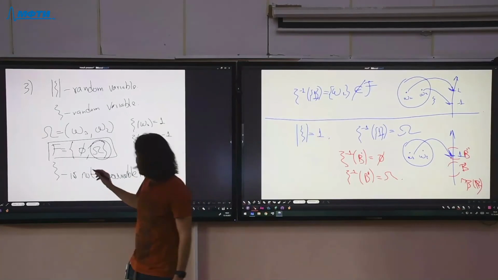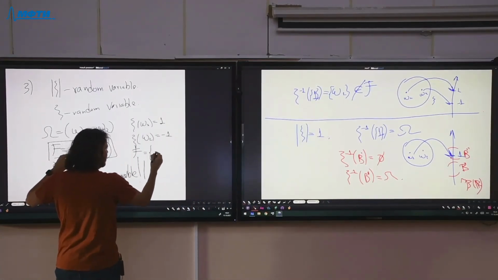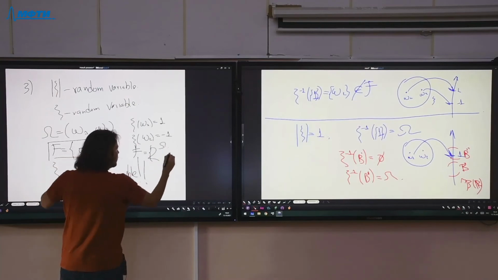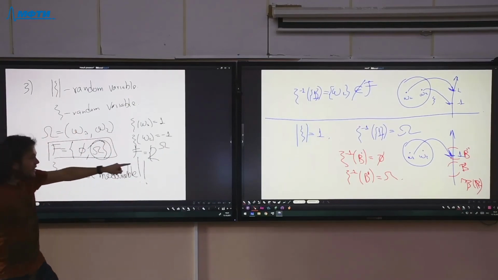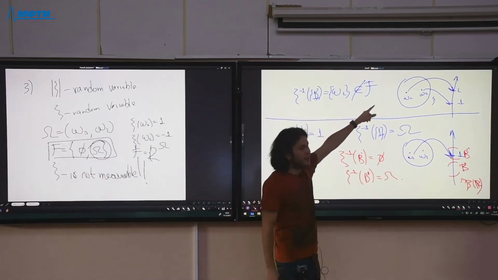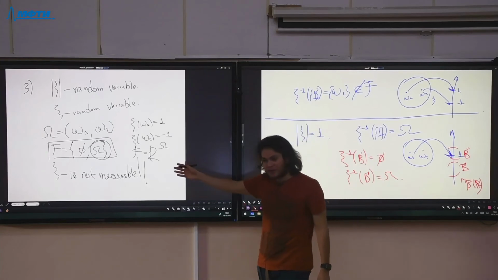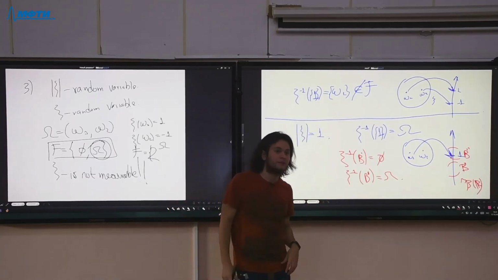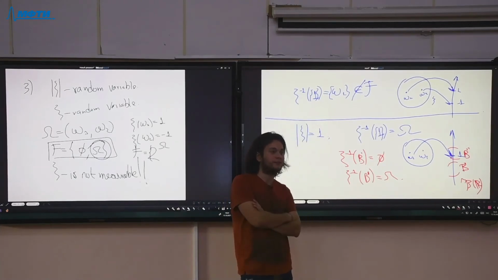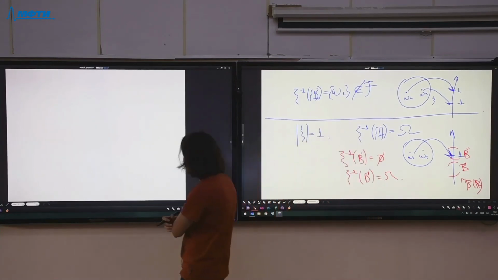If F is the power set, then this is a measurable function, psi. But since the sigma algebra is different, then this is not a measurable function with respect to this F, right, to this sigma algebra. All right, this was exercise number 3. Let's continue. Exercise number 4.